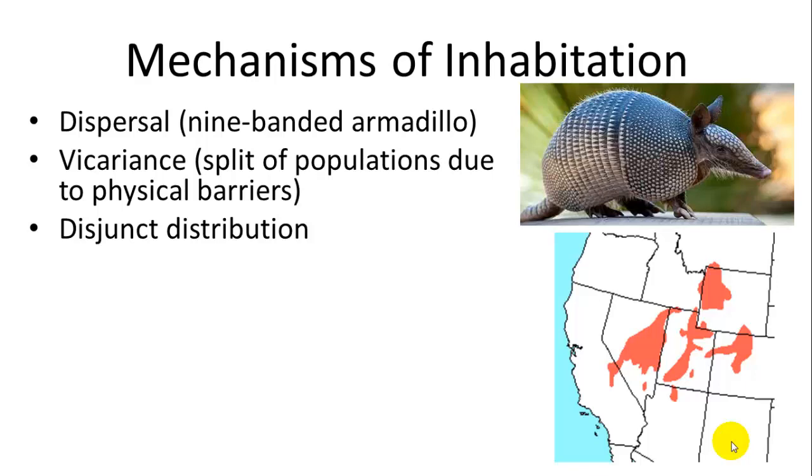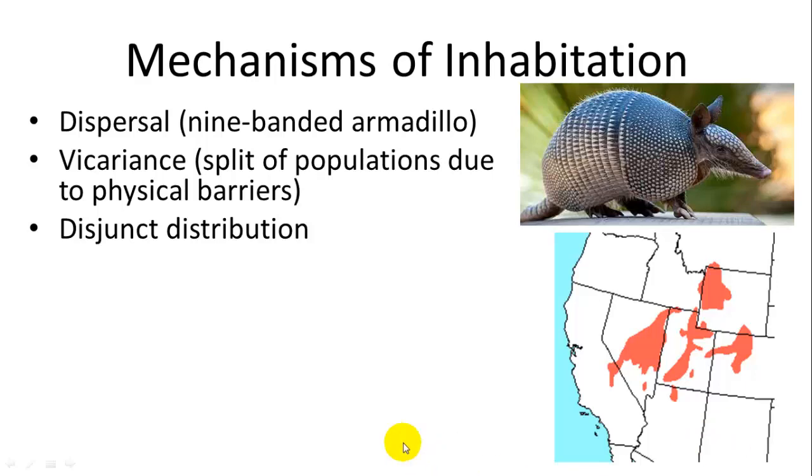When a species disperses into a different area, as it adapts or finds a more suitable area, it can be split by a process of vicariance, where a physical barrier separates two populations. This can lead to allopatric speciation, but it can just be a separation.